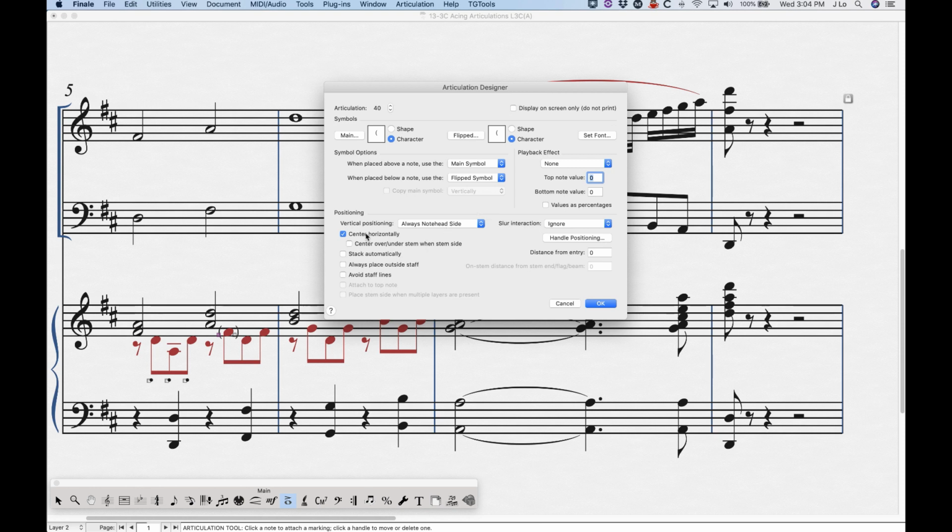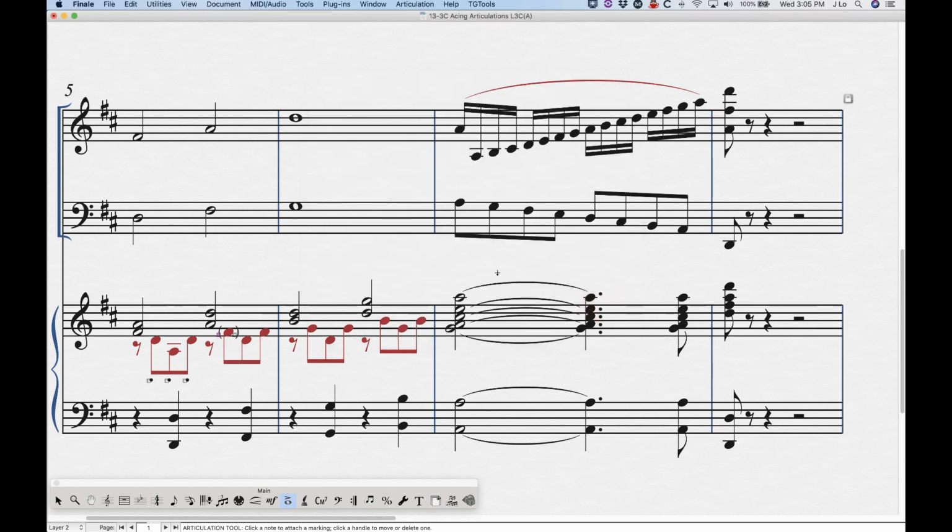If you had this unchecked, like I mentioned before, it depends on where you click. So the offset's going to be from where you click. But in this case, we want to kind of rigidly set it. It's set from the center, offset this much. And the same with the right bracket. It's set in the center and then offset to the right. So that's why this center horizontally is checked. It's because there's an offset to the left over here. All right. So that's note head side.